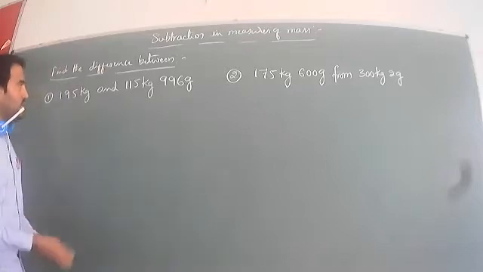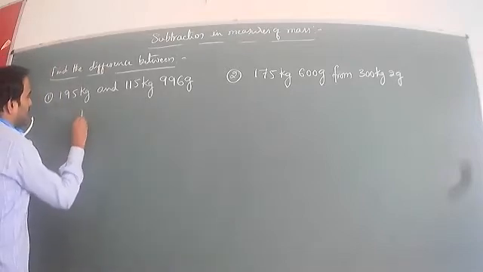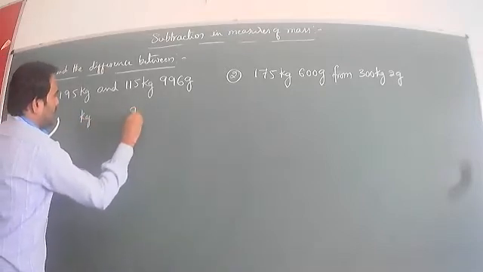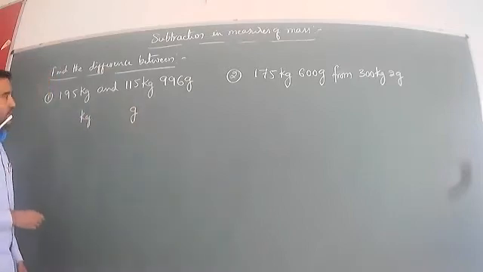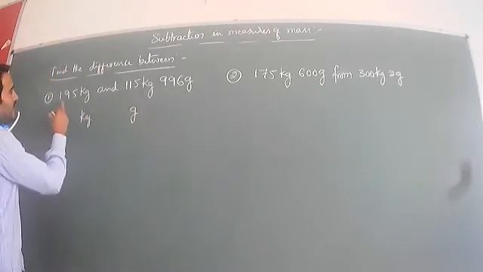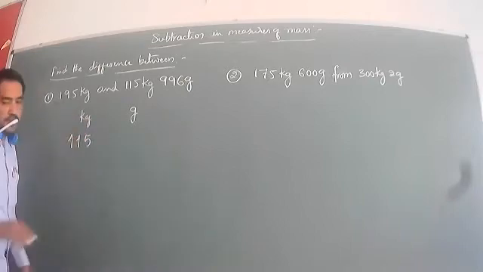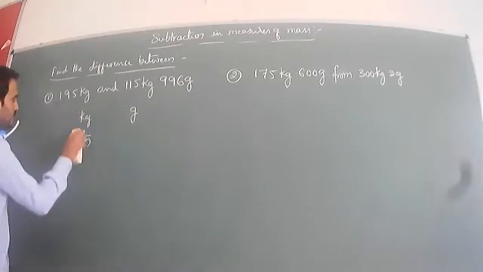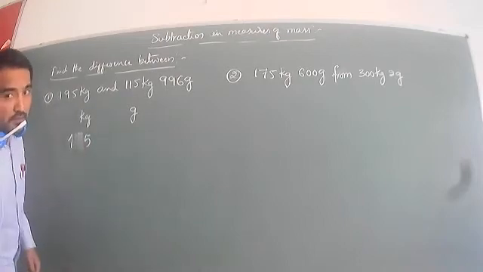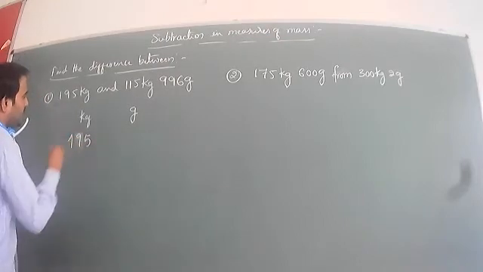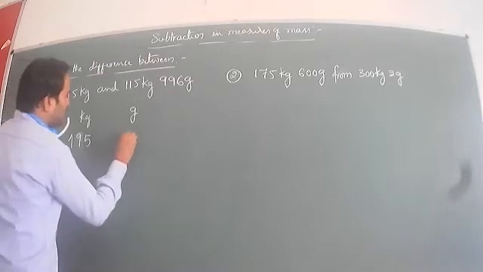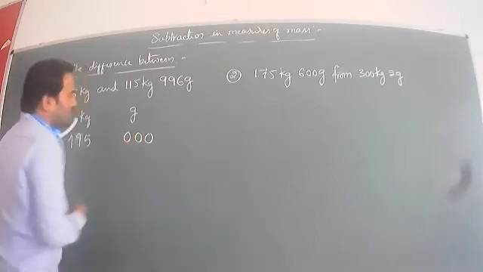First write the units kg and gram. The greater number is 195, so we write 195 kg, and since gram is not there, we write 0 gram.